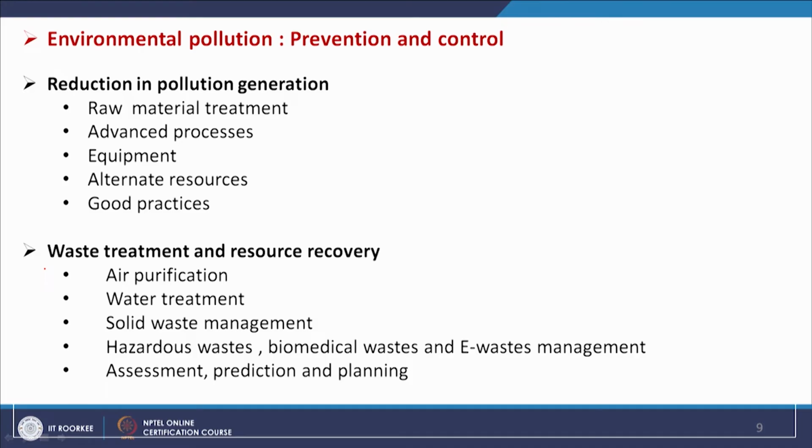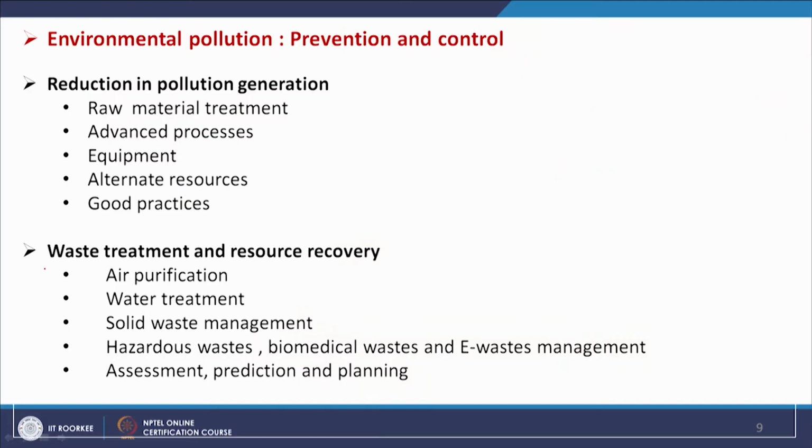So, how is it? The prevention, that is reduction of pollution generation, we can do by raw material treatment. When we are using a process, for example coal combustion, we are using flue gas and then it is used in a thermal power plant for electricity production. In that case, if we remove the sulphur from the coal prior to its application, then SOx emission will be reduced.